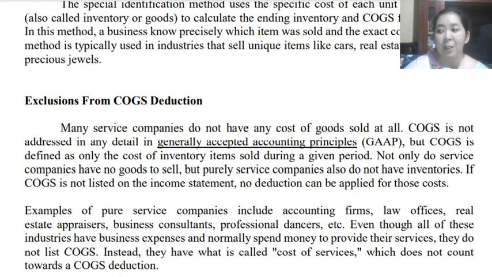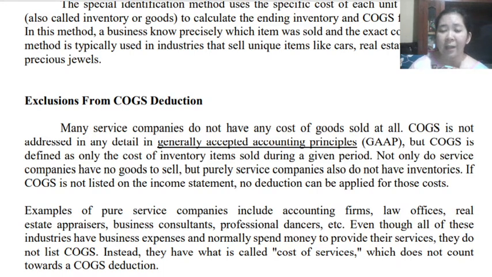That's why in the income statement of a service type of business, you cannot see an item on cost of goods sold. What they do is directly classify their expenses as general and administrative expenses or specific expense accounts, but they do not use cost of goods sold.